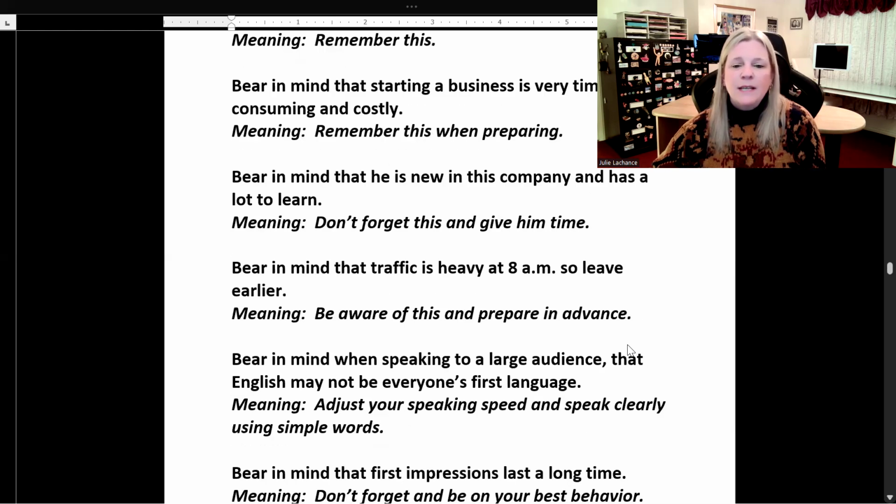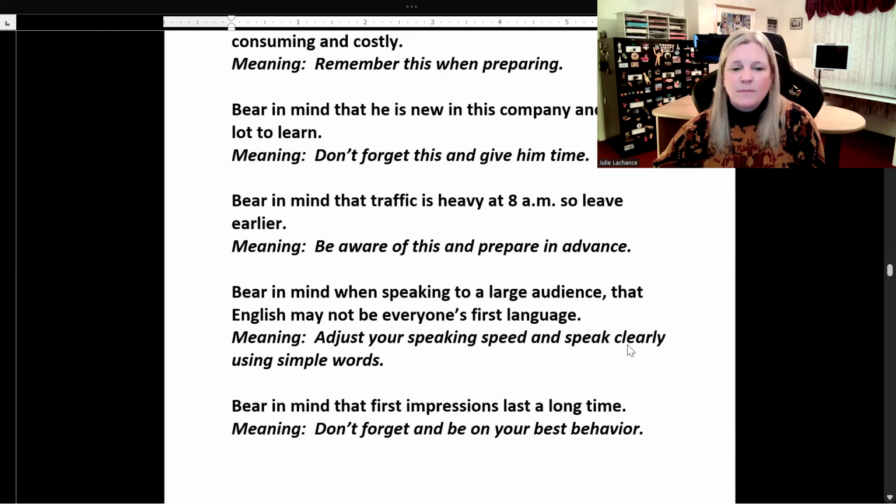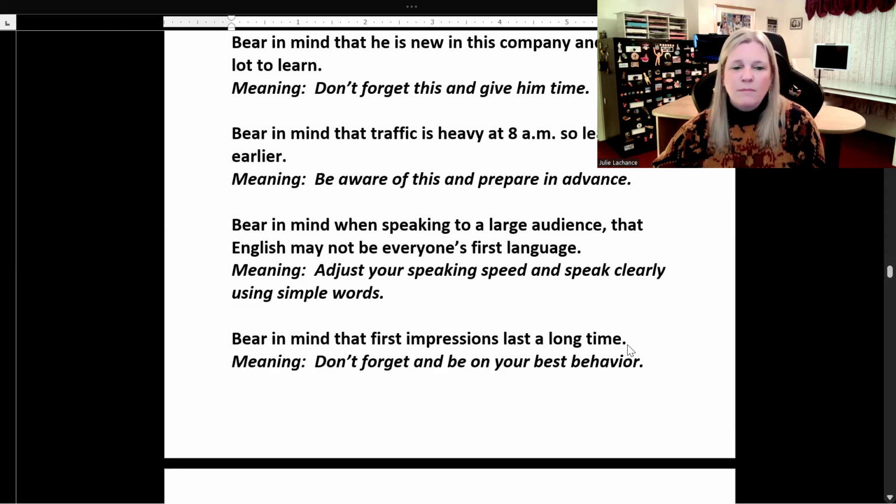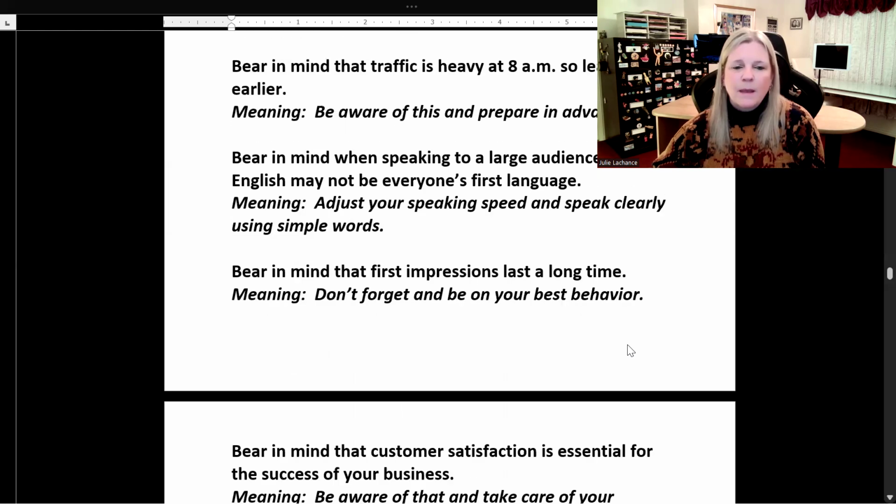Bear in mind that traffic is heavy at 8 a.m., so leave earlier, meaning be aware of this and prepare in advance. Bear in mind when speaking to a large audience that English may not be everyone's first language, meaning adjust your speaking speed and speak clearly using simple words.